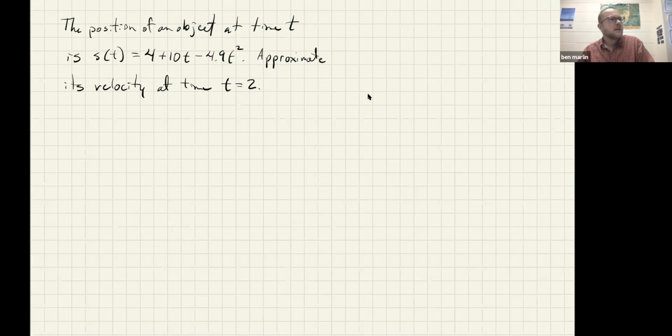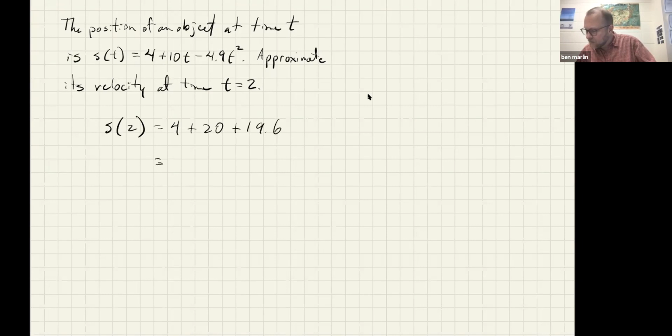Okay. So we're going to approximate the velocity at the time t equal to 2. Now, you can certainly go along here and say s of 2. You can find out what the height is at time 2. 4 plus 20 plus, let's see, what is 4 times 4.9? 19.6, I think.